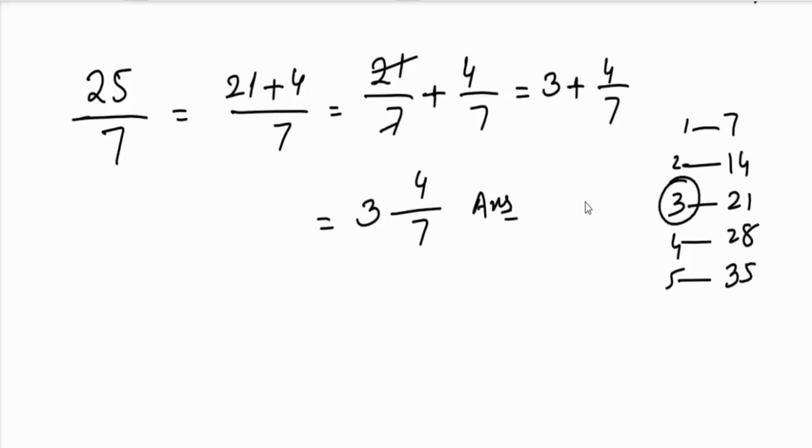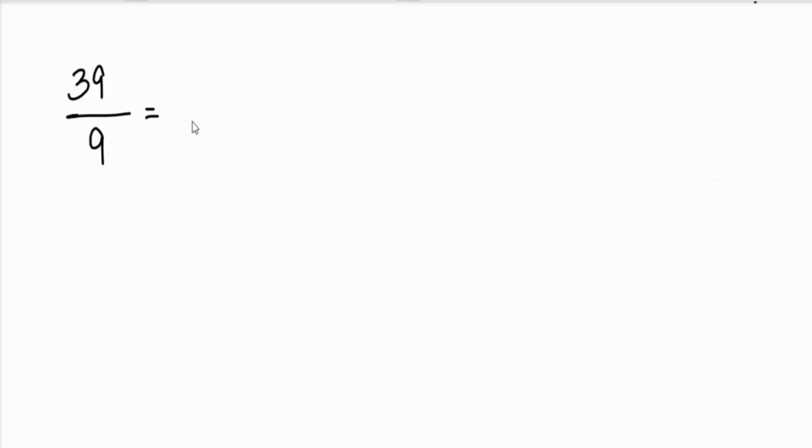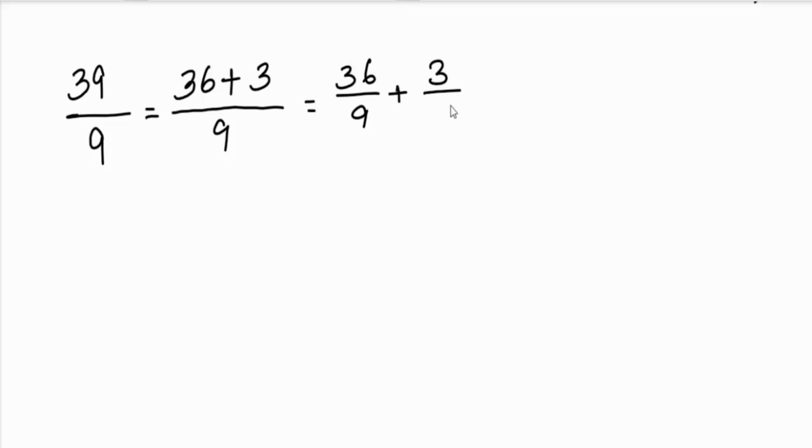Look at another question. This is another question, 39 divided by 9. Convert these 39 into two parts over 9, like 36 plus 3. Why? Because we can write 36/9 plus 3/9.